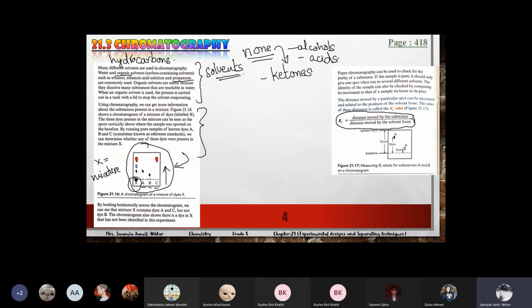A will leave a mark here, B here, and C here, and X will also travel with the water. If X contains all these three, it will leave 3 marks. If any substance is not present, it will not leave a mark. So can you guess which substance is not present in X? Yes, online girls. Which pure substance is not present? A, B, or C?